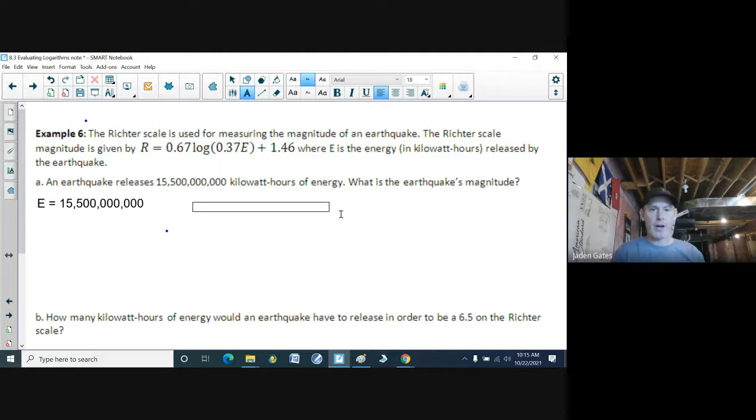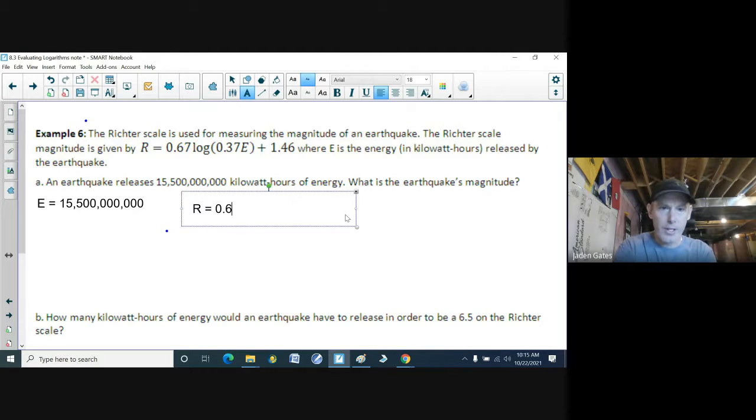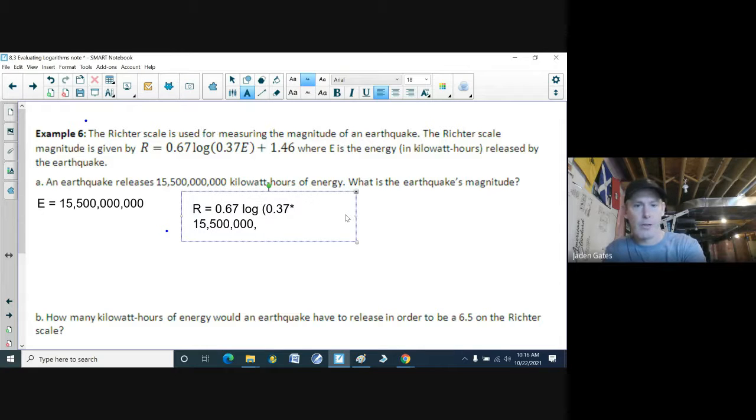R is equal to 0.67 times the log of 0.37 times that massive number, 15 billion, I want to say, or trillion. Lots of energy, of course, because it's an earthquake. Count my zeros. All right, there we go.